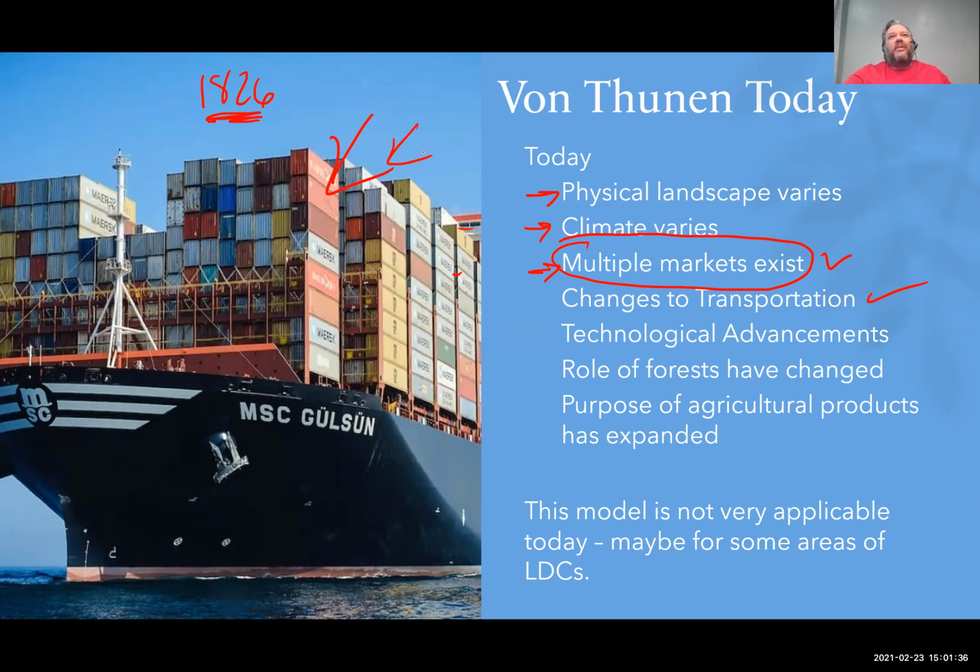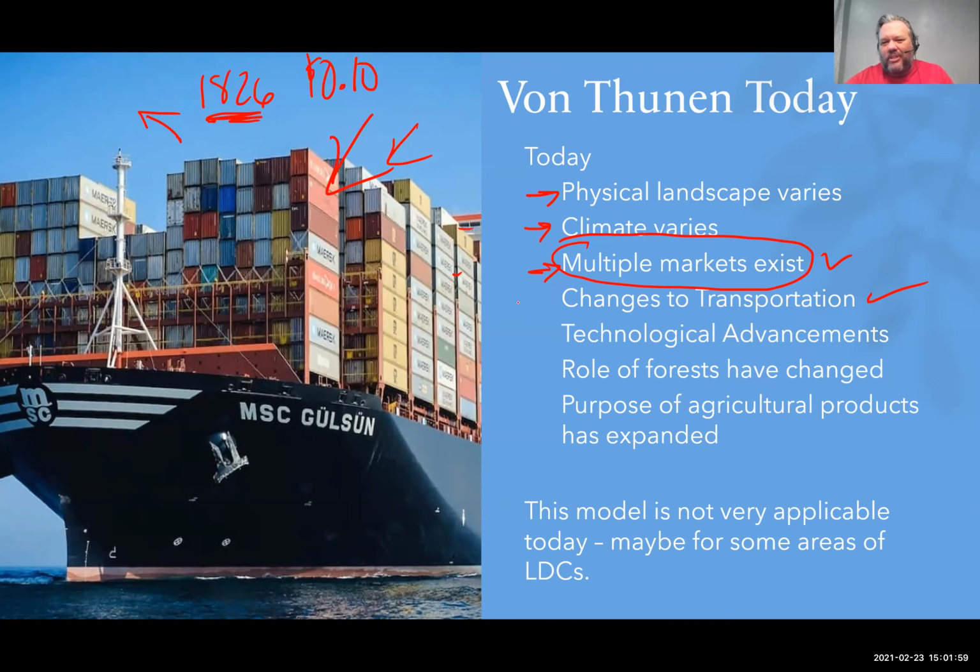Changes in transportation. I had a friend when I lived in South Carolina who owned a pecan plantation. They would ship their pecans, put them on one of these big container ships that was going back to China, and it was dirt cheap. Remember, the cost to get a shirt from Bangladesh to here is 10 cents.